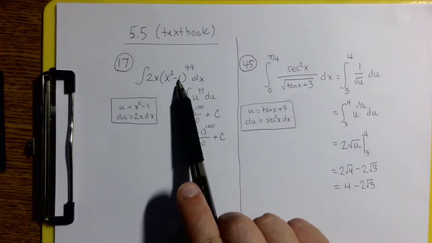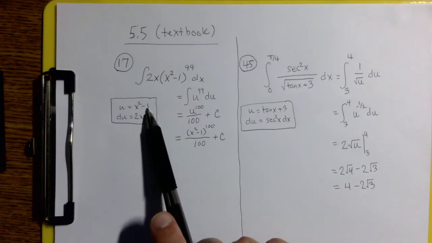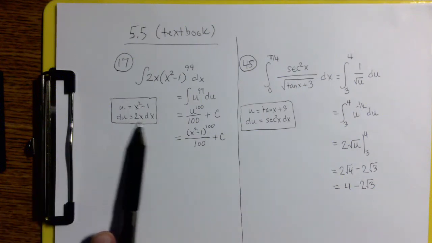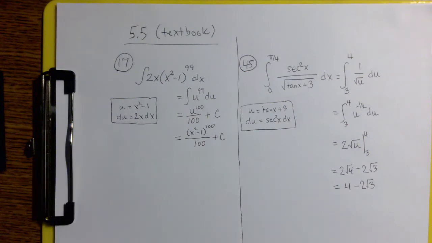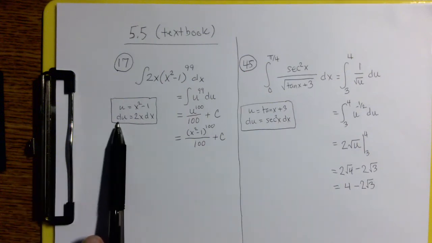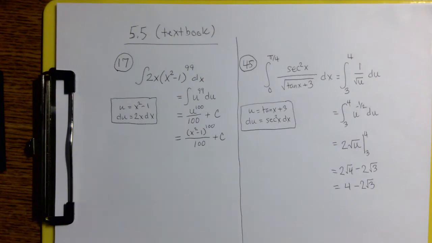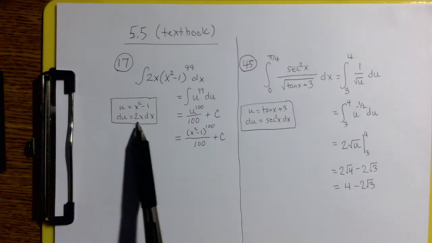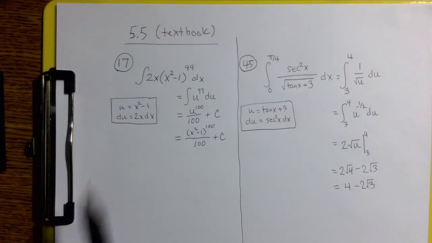So if we call u x squared minus 1, we know the derivative of x squared minus 1 is 2x. So under here, I'm using those differentials that we saw in chapter 4 to say du is 2x dx. Okay, u is this function, du is the derivative of that function times dx.